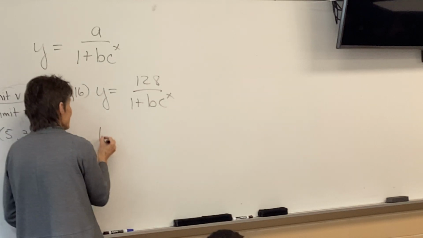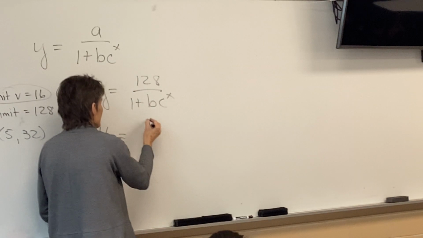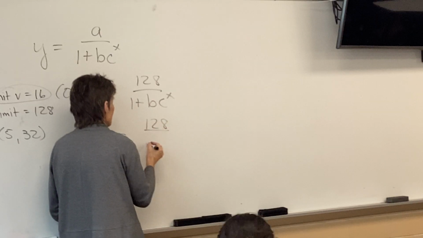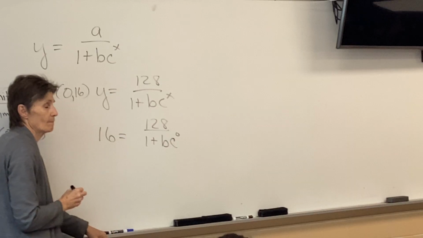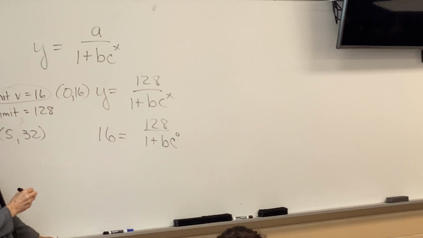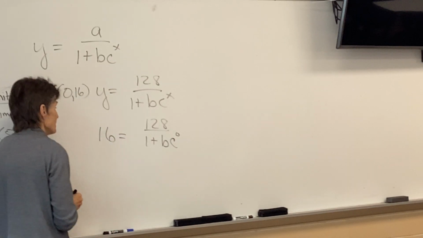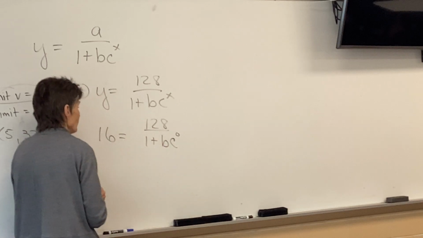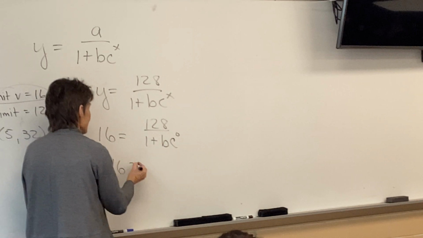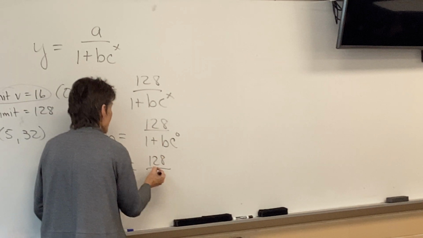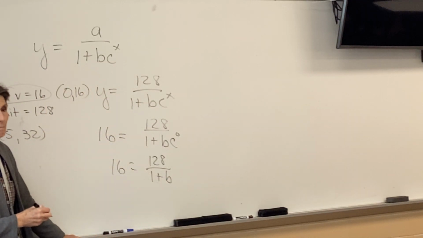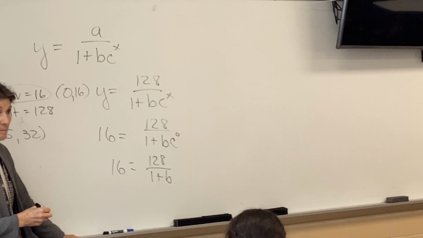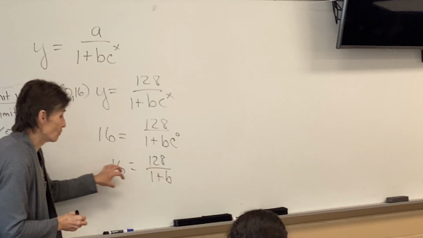So 16 equals 128 over 1 plus BC to the 0. Since C to the 0 is just 1, 16 equals 128 over 1 plus B. Are we following along? We'll move this over.